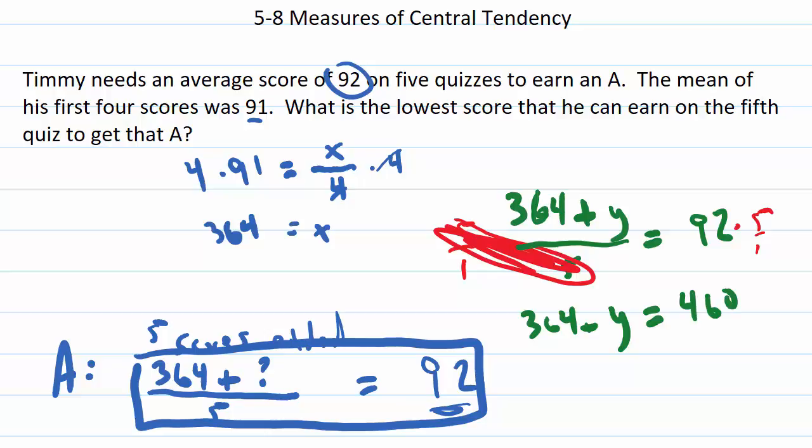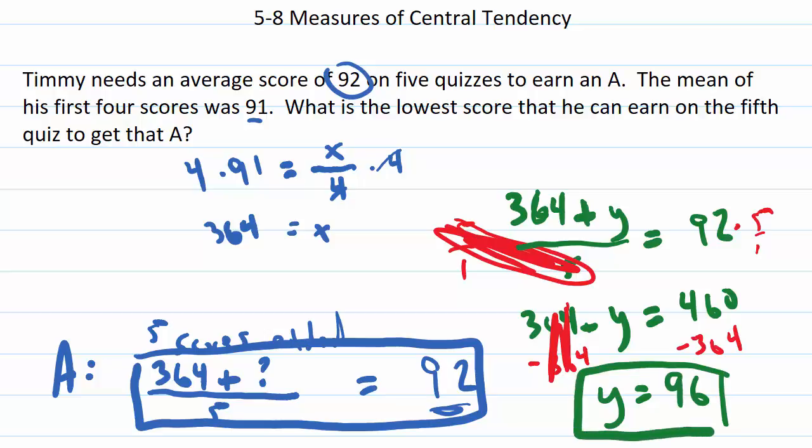Now I'm going to subtract 364 from both sides. 364 minus 364 is 0, so I'm left with just y on the left, so y equals 460 minus 364, which is 96. So if he scores a 96 on that 5th quiz, he'll get an A.